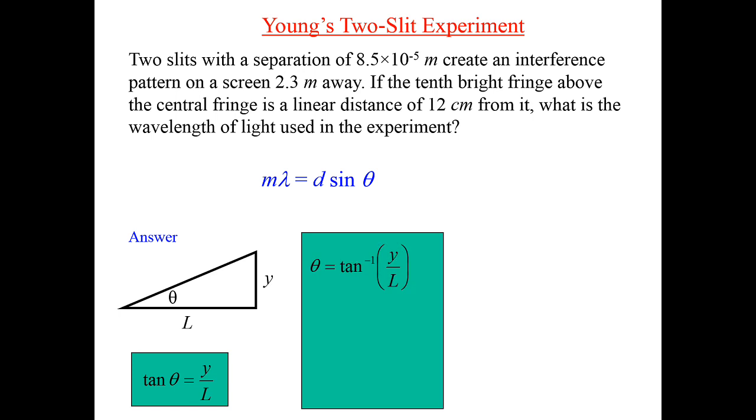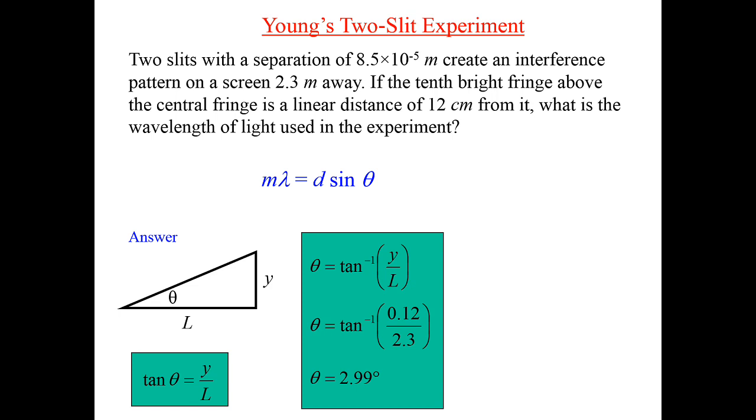So the inverse tangent of the distance to the fringe divided by the distance to the screen is equal to theta. So that means the inverse tangent of 0.12, since we converted centimeters into meters, divided by the distance to the screen. If we do this, that gives us that the angle is 2.99 degrees.